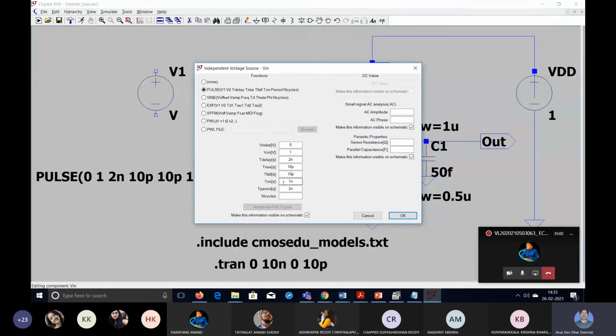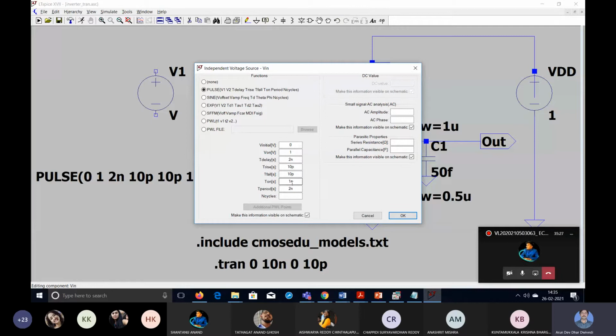On time means the pulse is at 1 volt during 1 nanosecond. So this high period is 1 nanosecond. The pulse will be high for 1 nanosecond, and it will also be low for 1 nanosecond.